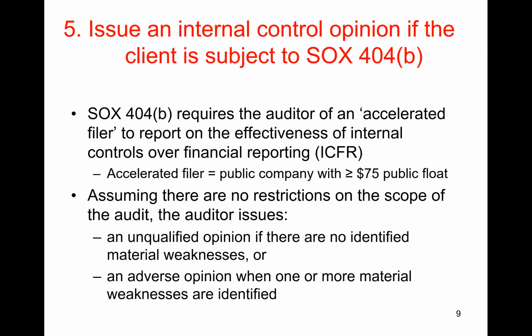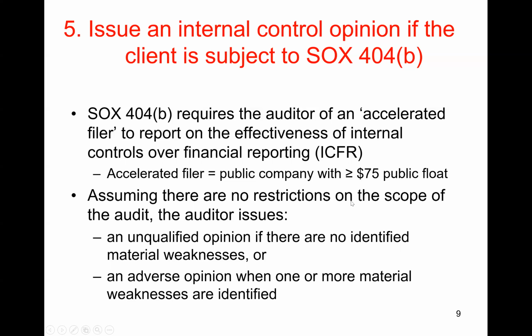Okay, so for example, suppose the company's market cap is 10 million, and suppose 1 million of those shares is held by the company's management. So management owns 10% of the company, in other words, then the public float is going to be 9 million, right? So companies with a float greater than 75 million are classified as an accelerated filer.